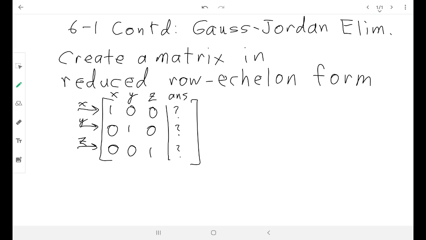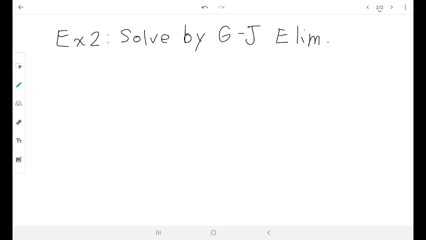So we're going to do an example of this on the next board. And let's take a look and see. This is our example 2, and we're going to solve by Gauss-Jordan elimination here. I'm just going to abbreviate Gauss-Jordan. Here's the system that we're going to solve.